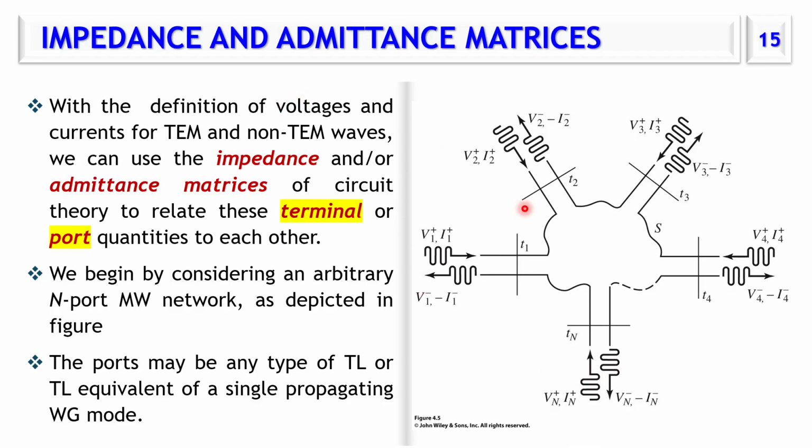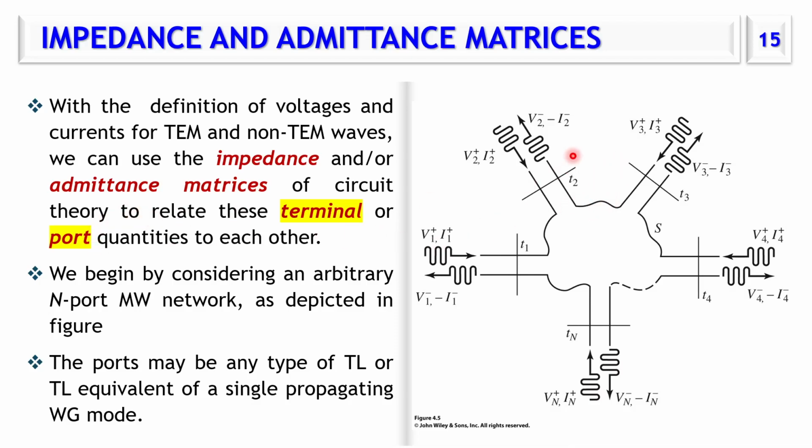So if the network is composed of TEM transmission lines or waveguides, it's okay. If it's non-TEM modes, we just discussed the methods for how to define the equivalent voltage and current.